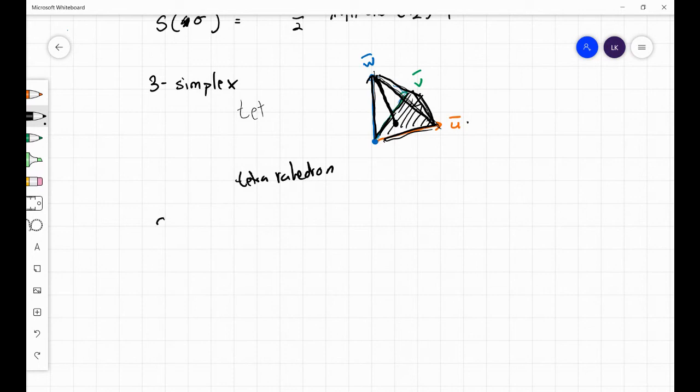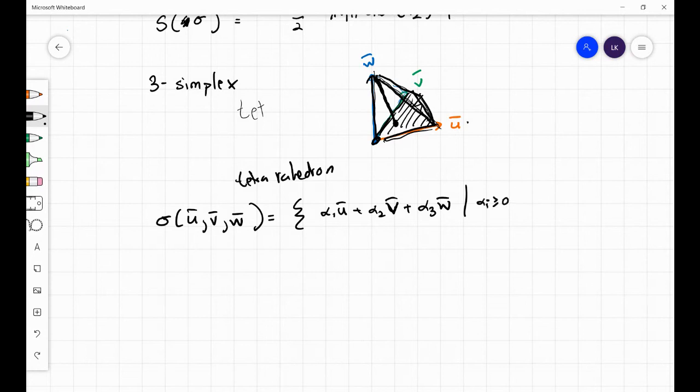So first of all, the notation for the 3 simplex would be the set of all points which are the result of a combination of the three vectors, where we're going to say these coefficients are not negative, and that their sum is less than or equal to 1. So that's the definition of the 3 simplex defined by those three vectors.